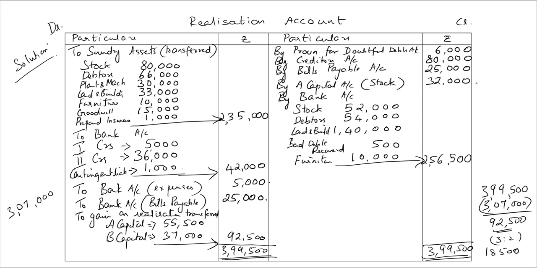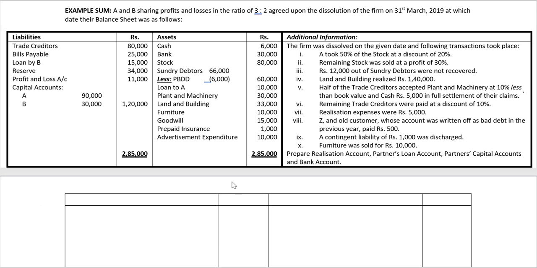Next, we'll prepare B's loan account. Left side debit side, right side credit side. Particulars, rupees, particulars, rupees.